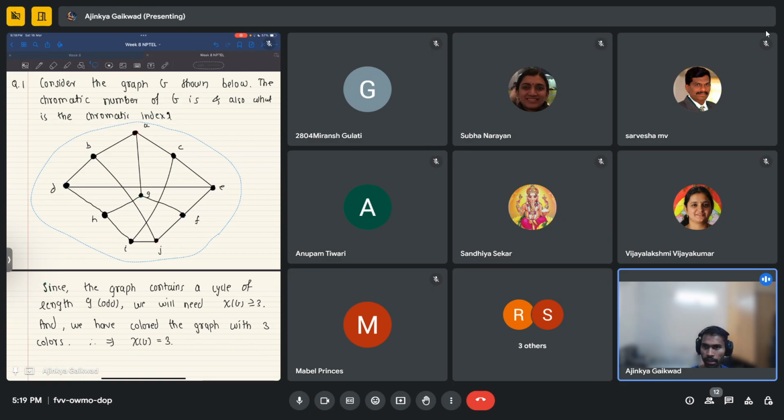I think there is some delay probably on the screen sharing. Can you see what I have written here? Sir, screen is not visible. Okay, let me wait.